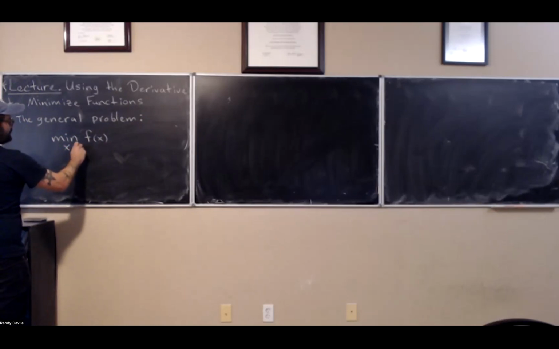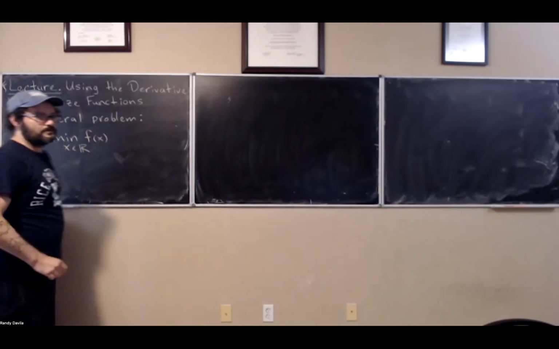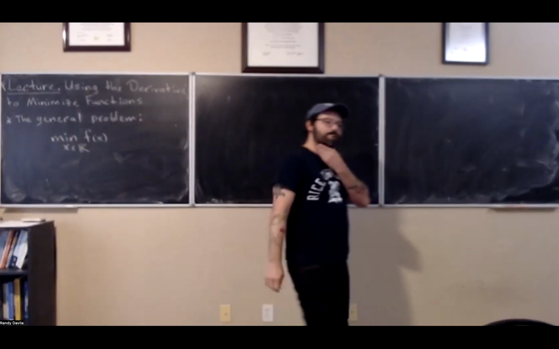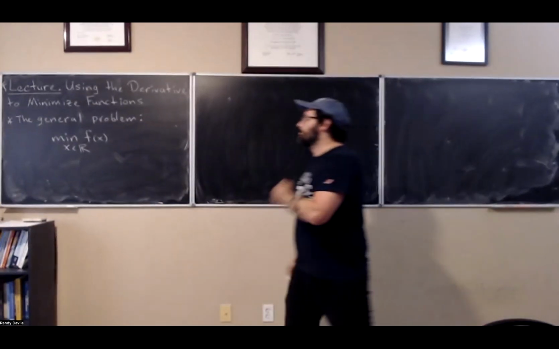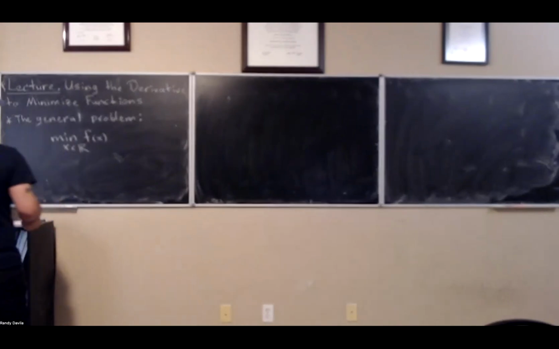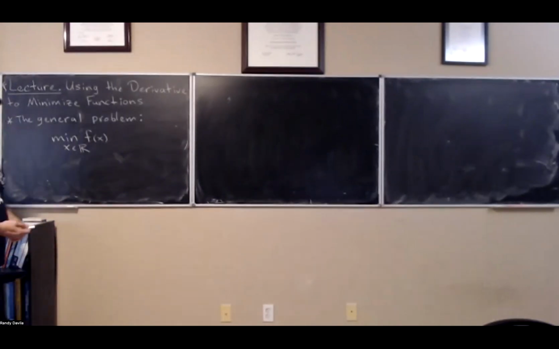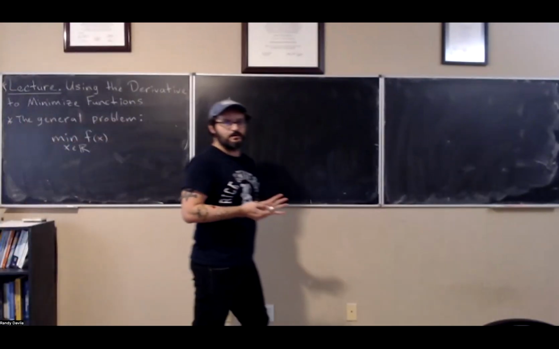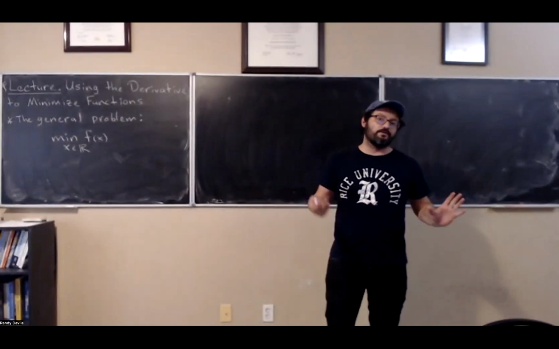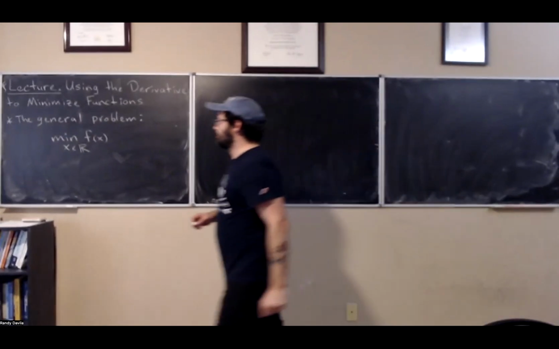And x in our case is just going to be a real number. Okay? So, with that being said, we'll start with a very simple example problem where we know the actual solution.